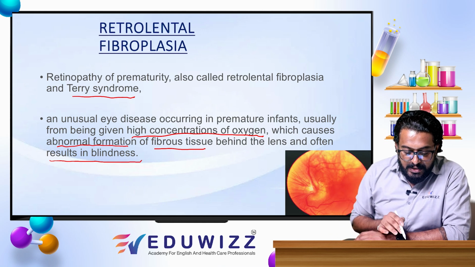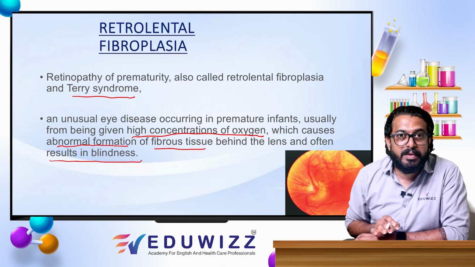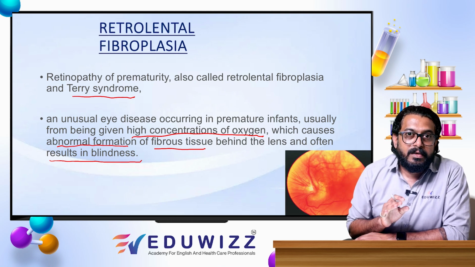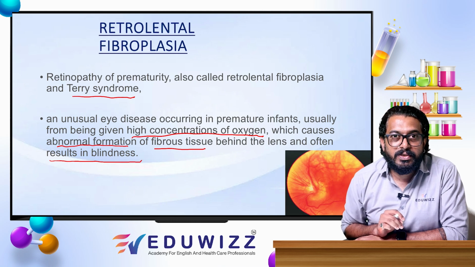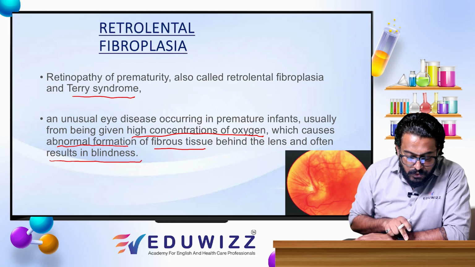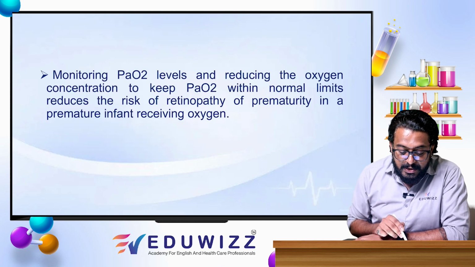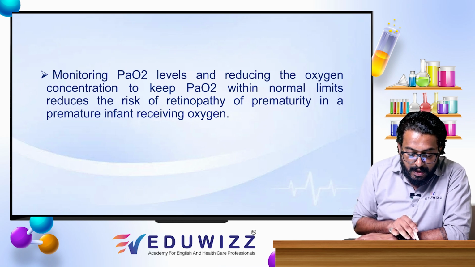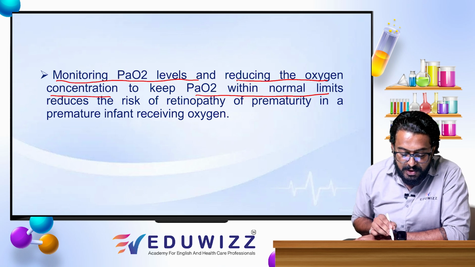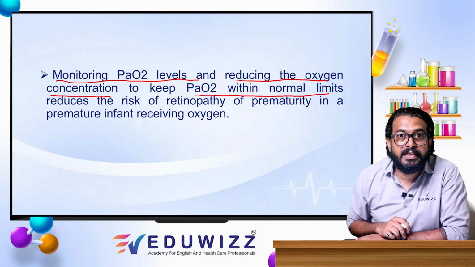So the main points are it occurs in premature babies, those who have neonatal respiratory syndrome, due to administration of high concentration of oxygen, and it results in blindness. So monitoring oxygen levels, partial pressure of oxygen, and reducing the oxygen concentration are important, and keeping the PaO2 within normal limits reduces the risk of retinopathy of prematurity in a premature infant receiving oxygen.